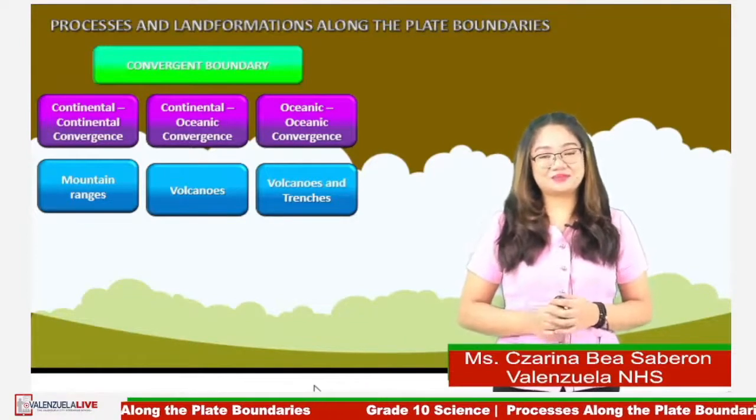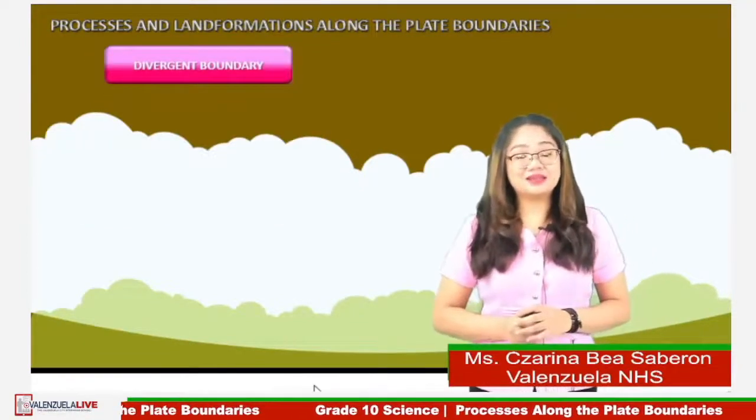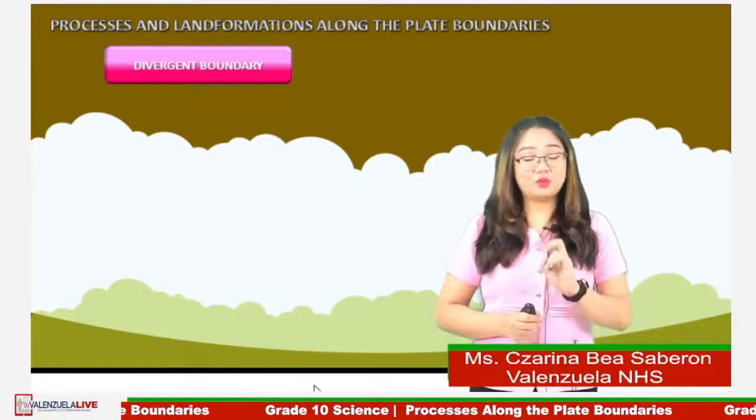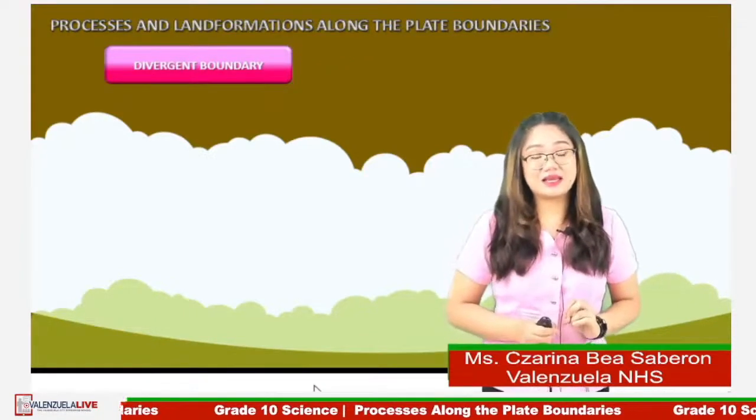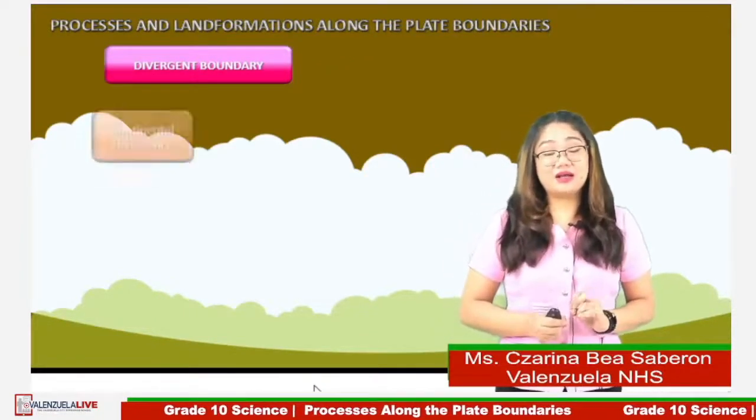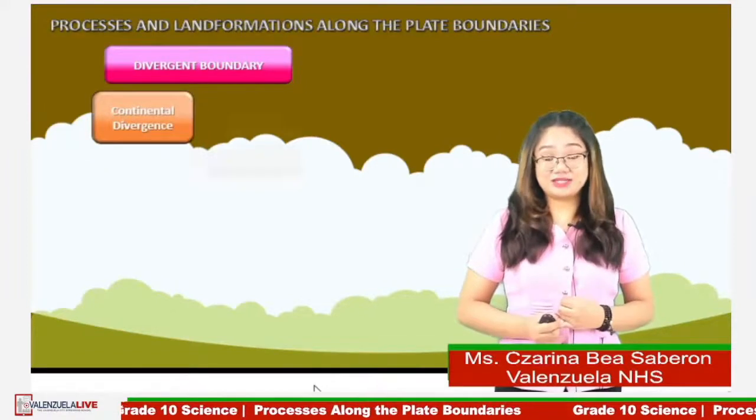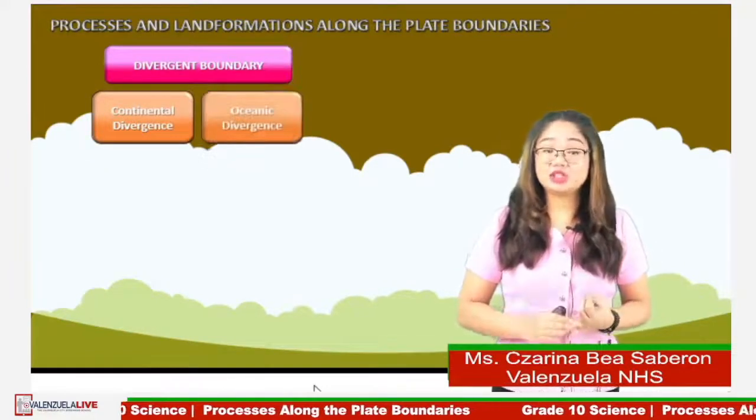Next, under divergent boundary, we have two different types. These are the continental divergence and the oceanic divergence.